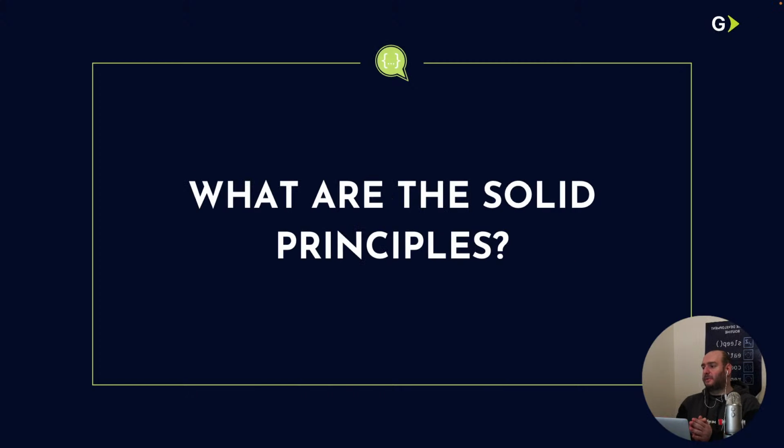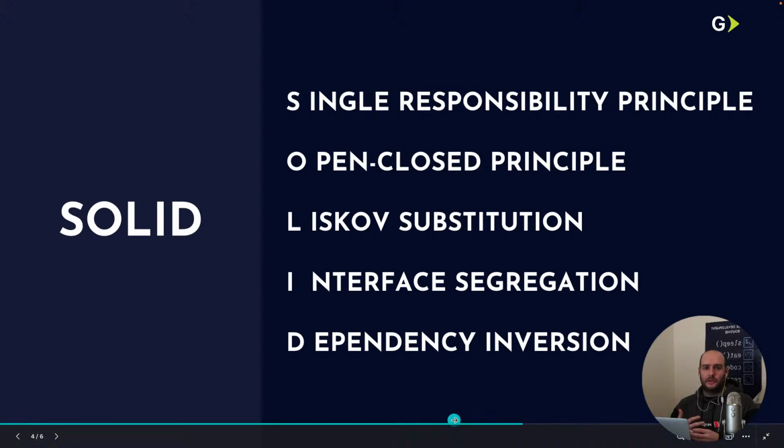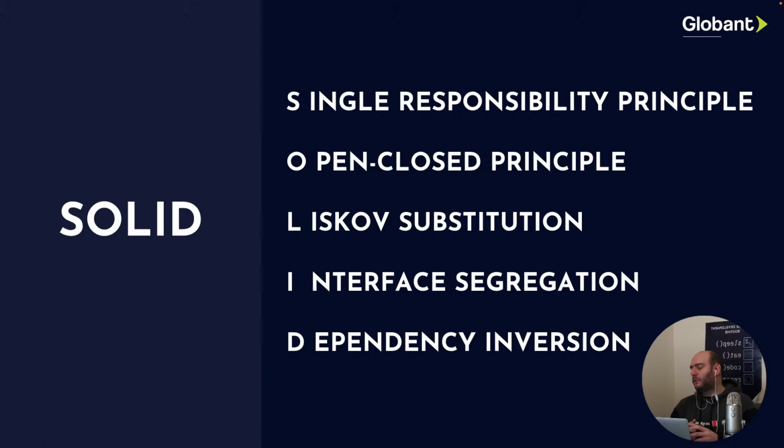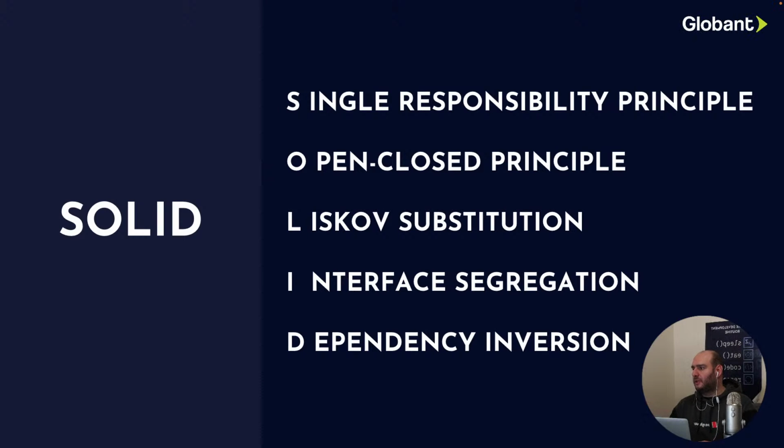The SOLID principles are those that we follow in the design of good software. When we're building good quality software, we always take into consideration these five principles: the single responsibility principle, the open-closed principle, Liskov substitution, interface segregation, and dependency inversion.